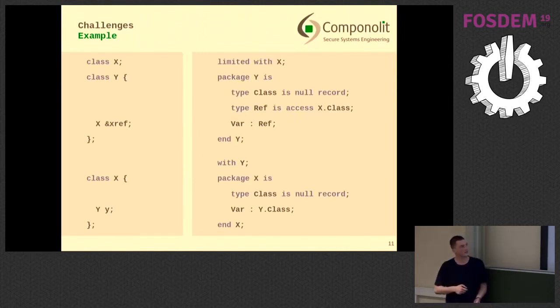So we can define an access type of X.Class, which is defined in the X package. But we can only define an access type, so we can't use X.Class directly. But we have our reference that is used here. And then we can just with Y in the X package and use it regularly as an object.